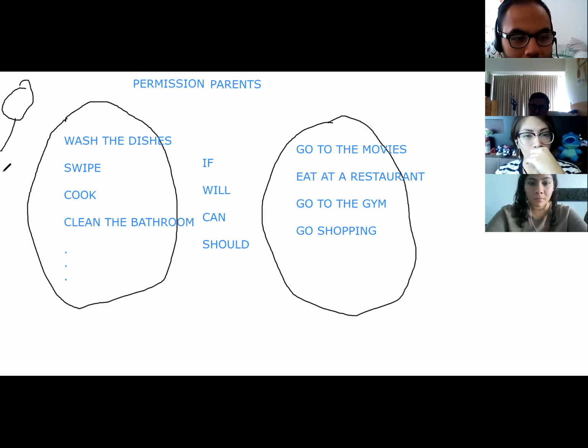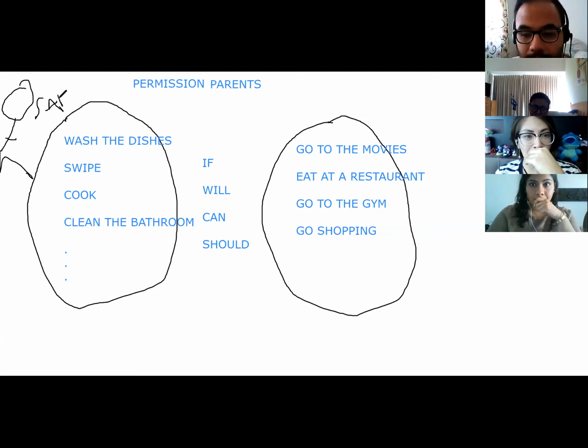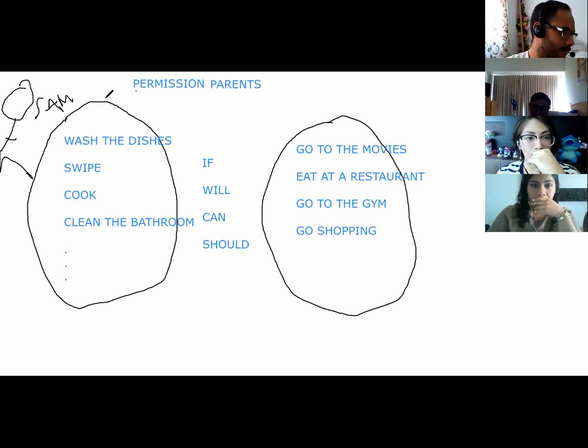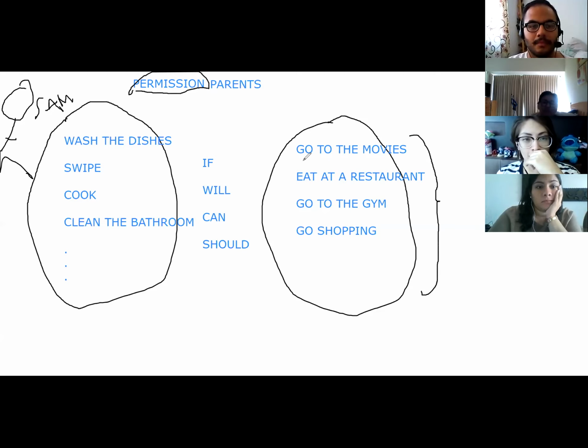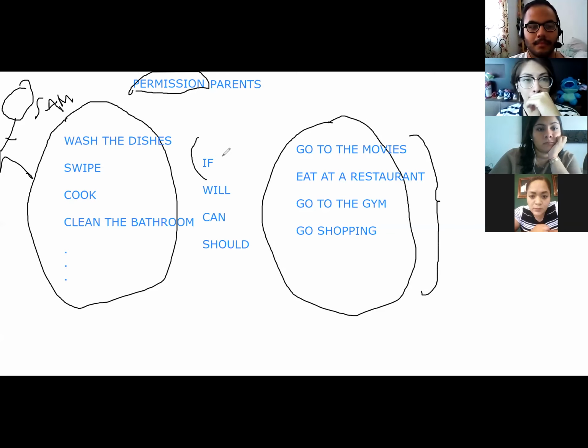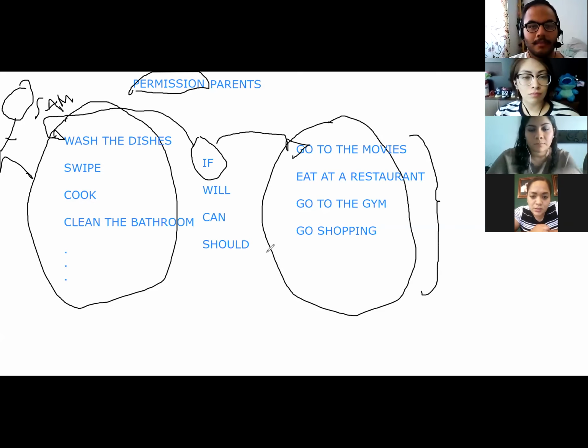So guess what? This is my friend Sam. Sam lives with her parents, and Sam needs permission to go to her favorite places. If she washes the dishes, she will go to the movies.